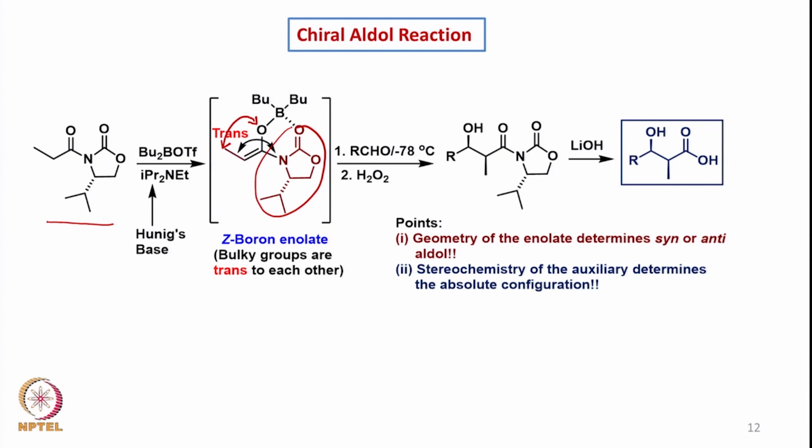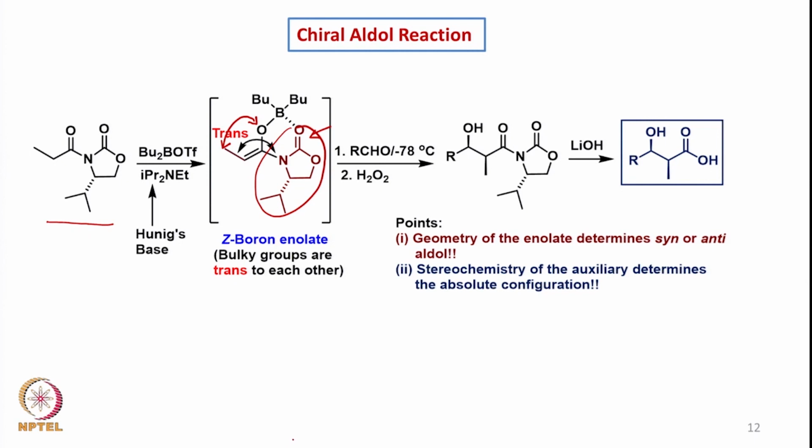Now once this Z enolate is formed, there is a better chelation between boron and oxygen, just the way we saw in the case of lithium, and therefore this is a bicyclic enolate where everything is prefixed. Here you can see that the Z boron enolate, which has a bicyclic structure, involves the boron and the oxygen of the auxiliary in chelation.